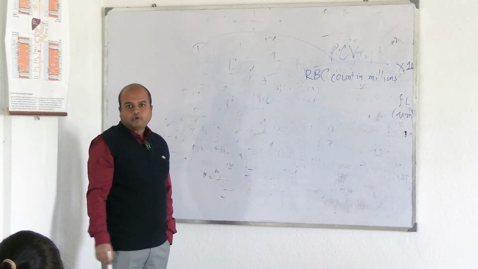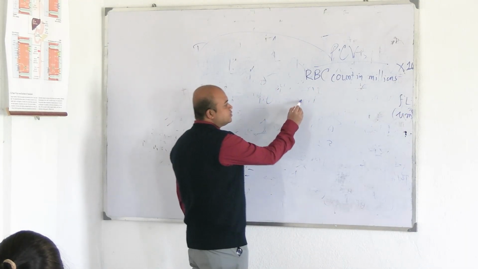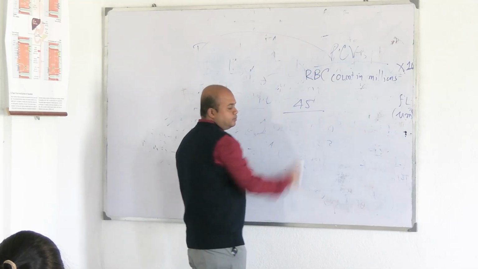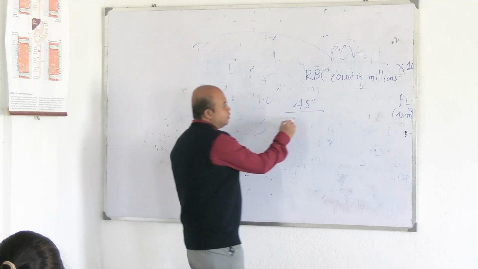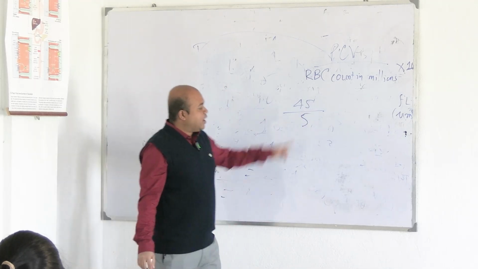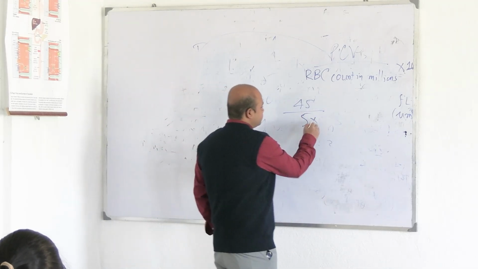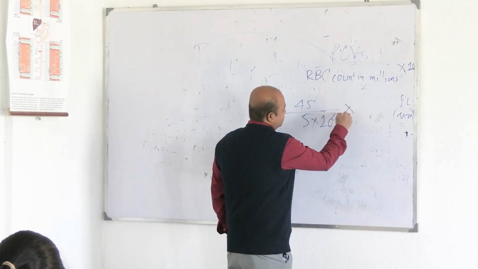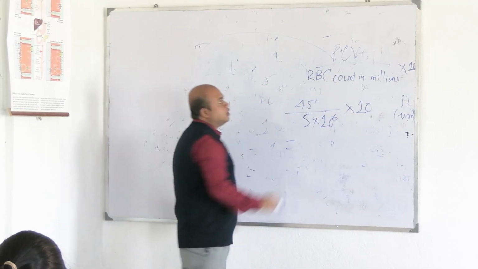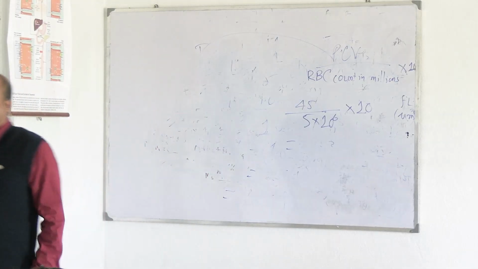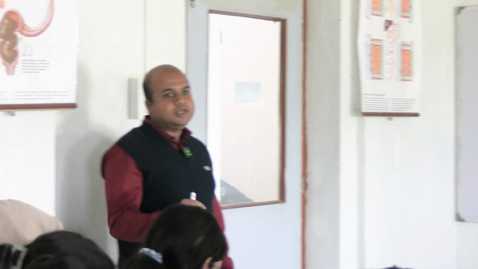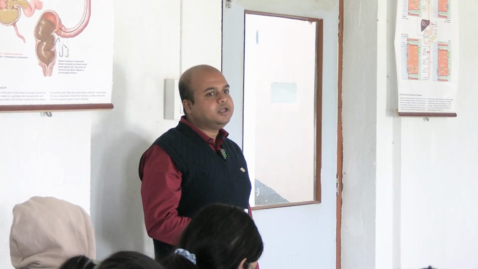So what do you put in the formula? PCV is 45, the accepted value, we have taken it as 45, and 5 millions, into 10. Now write this down first: MCV formula is PCV by RBC count in millions into 10.